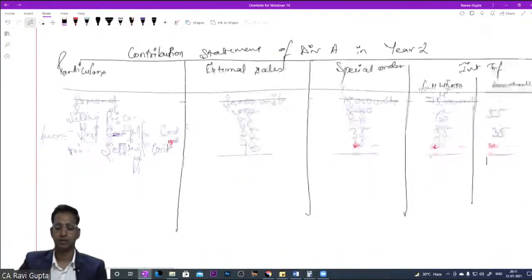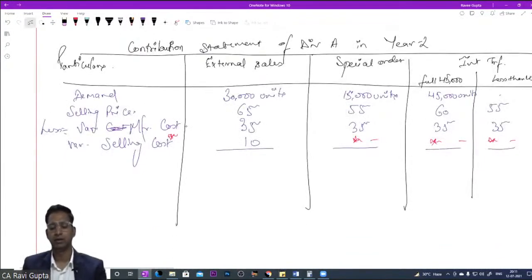So it will be 20 rupees from external sales, 30 rupees in case of a special order, 25 rupees, and 20 rupees here.